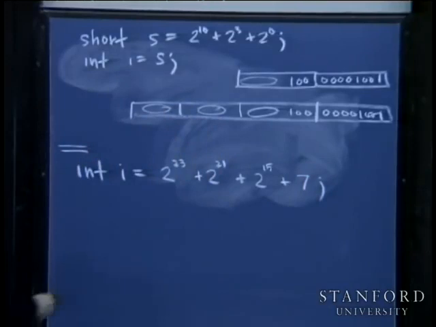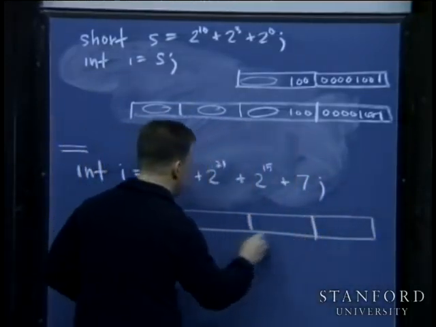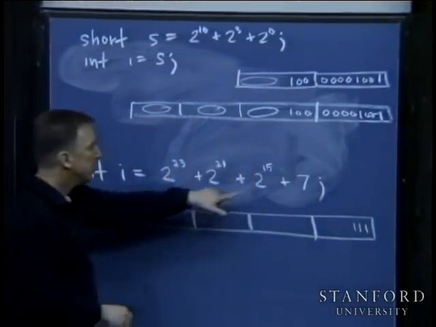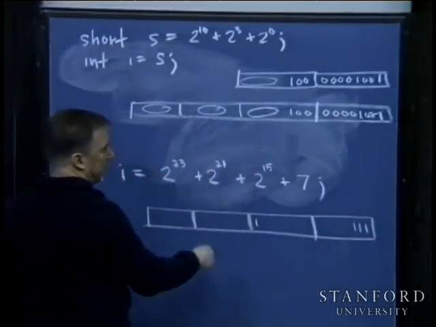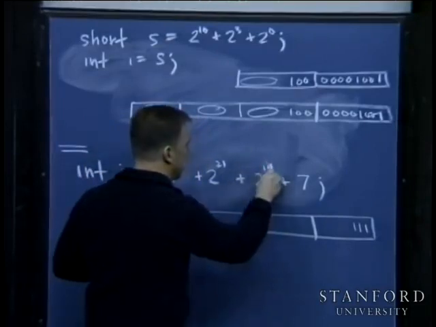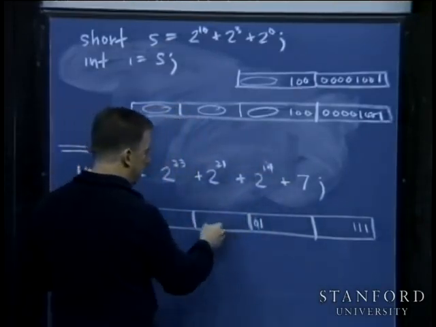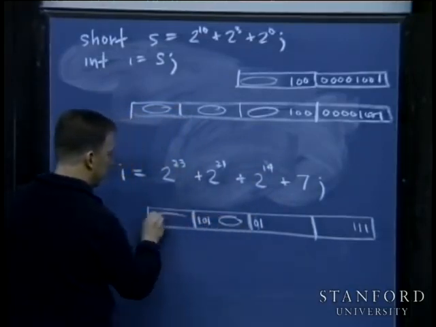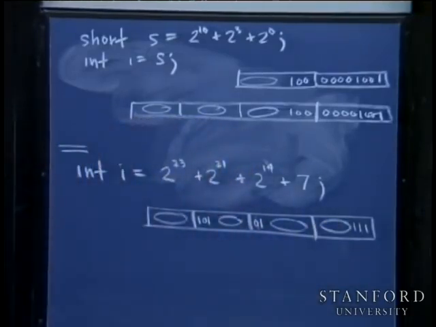And I'm being quite deliberate in my power of 2 representation of these numbers because 7 always means that at the bottom. 2 to the 15th means there's a 1 right there. Actually, let me change this to 2 to the 14th. Make this a 0, 1. 2 to the 21st, this is 2 to the 24th, 2 to the 23rd, followed by all zeros right there. So that's more or less what the bit pattern for that as a 4-byte integer would look like.